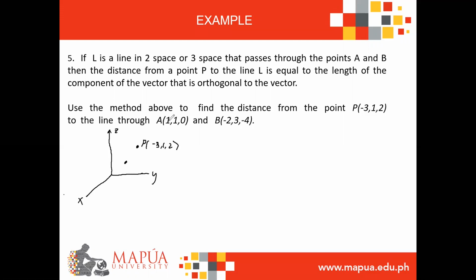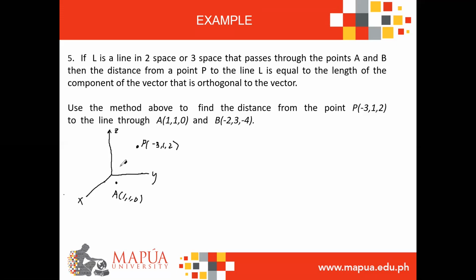Then for your point A, you have it as 1, 1, 0. So x is 1 unit, y is 1 unit. So this is your point A because z is 0. Then for your point B, which we have the coordinates negative 2, 3, negative 4. So that means it is on the negative x-axis.